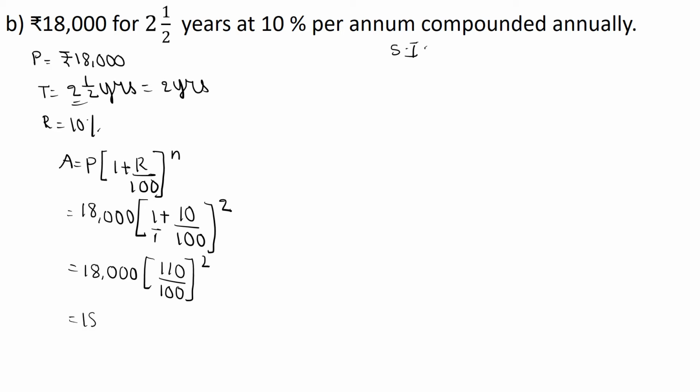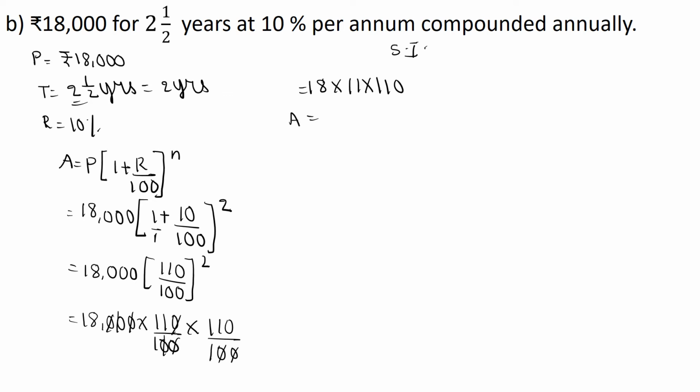Now 18,000 into 110 by 100, 2 times. 0 0 cancel, here 10 and here 10, and we get 18 into 11 into 110, and we multiply totally, we get amount rupees 21,780. This is for only 2 years.